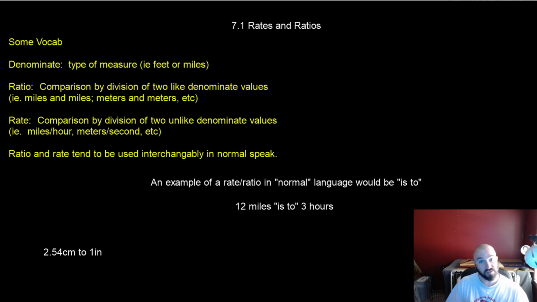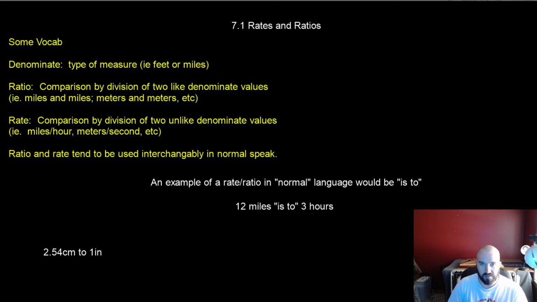Things like miles per gallon, your mileage, or dollars per pound, dollars per ounce. Those are rates. It's how much does one thing change. In a sense, it's a measurement of how much something changes as a result of another, and that relates the two unlike terms.